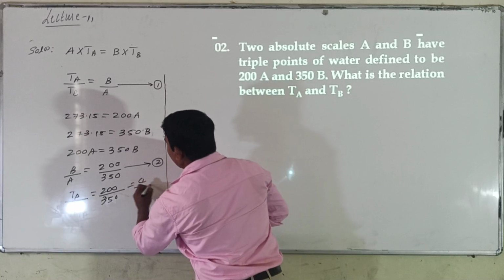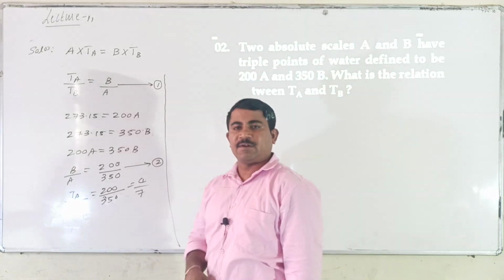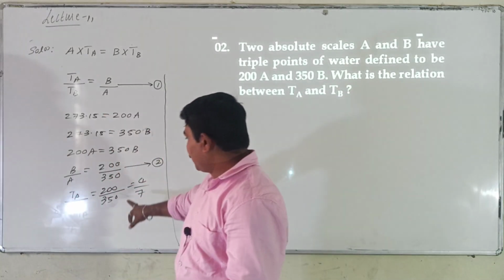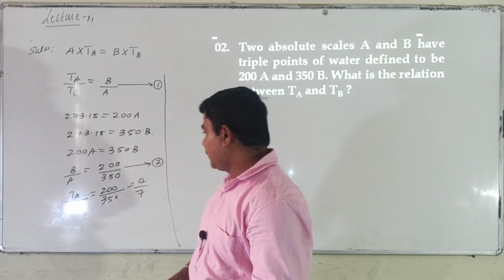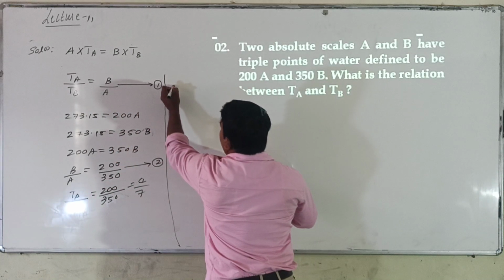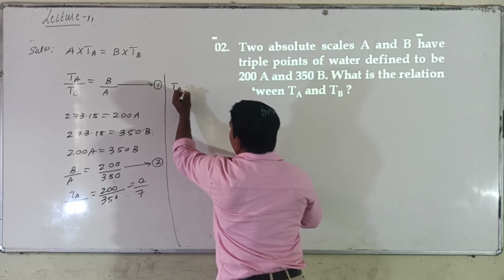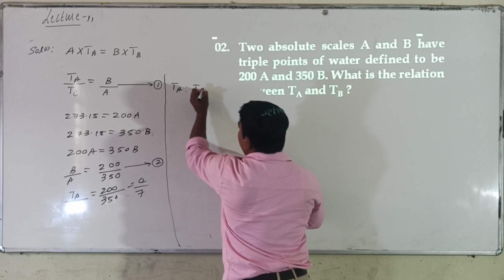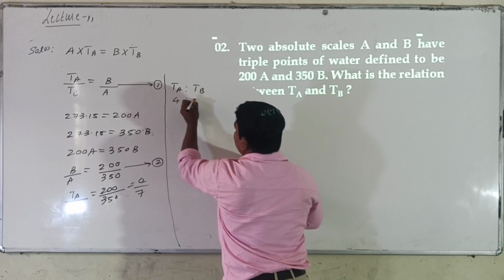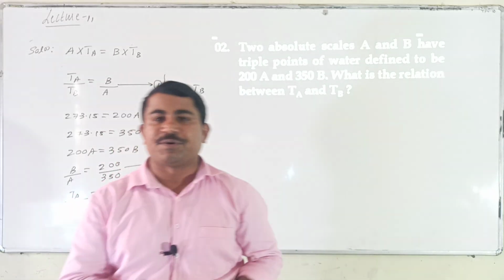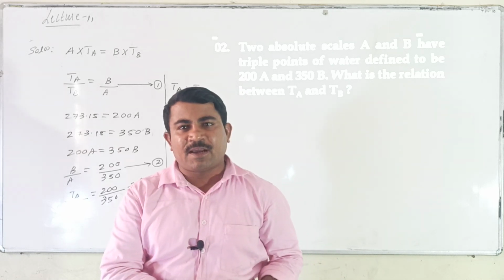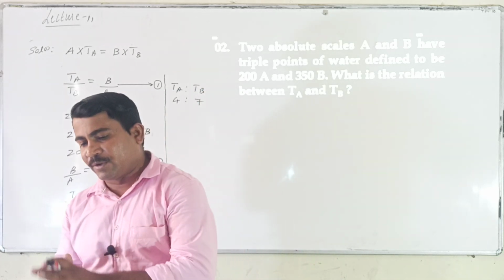This is equal to 4 divided by 7. Are you following? Is it correct or not? 200 divided by 350 is equal to 4 divided by 7. So TA and TB are lying in the ratio 4:7. This is the relation between TA and TB. Again copy this numerical. We will move on to one more numerical.